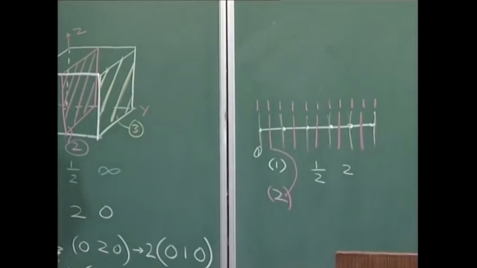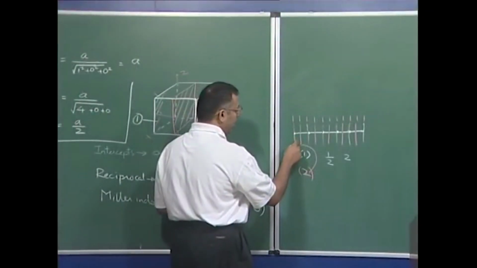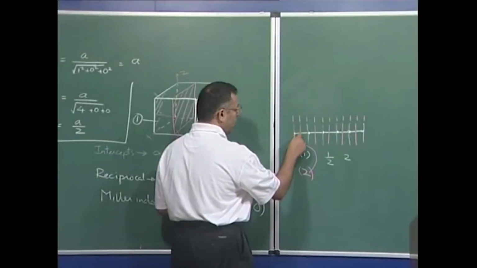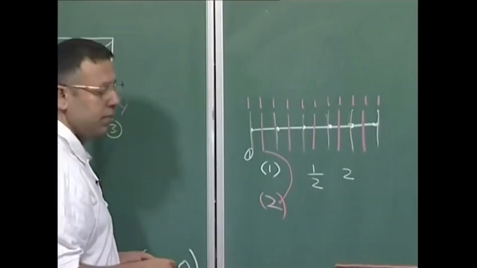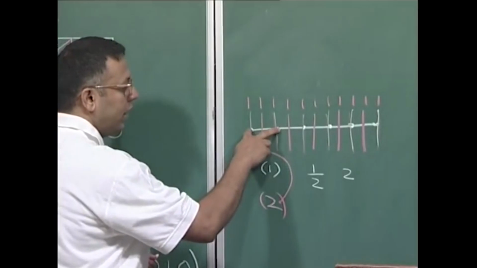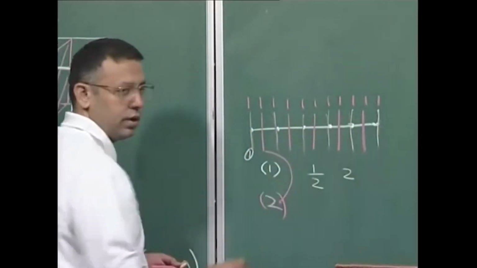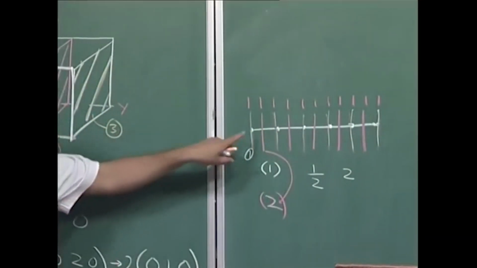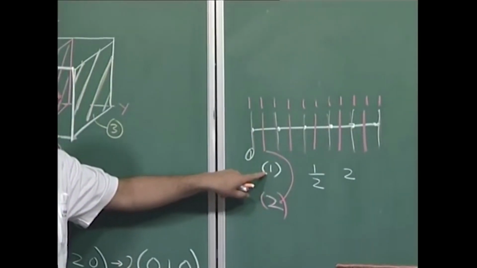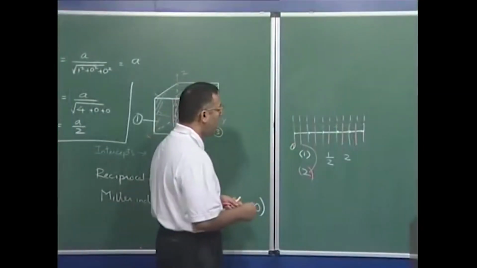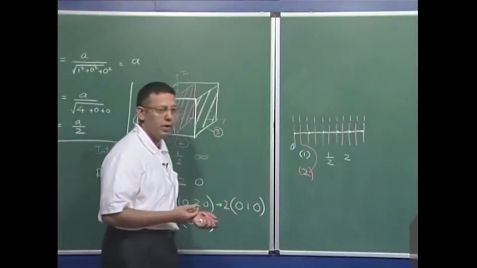As you can clearly see, my red planes are located at 0, half, 1, 1.5, 2, 2.5, etc. But my white planes are located only at 1, 2, 3, 4, etc. That means the red planes are a superset of the white planes. That means if I just delete half the red planes, I can get the white planes.